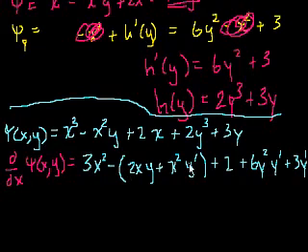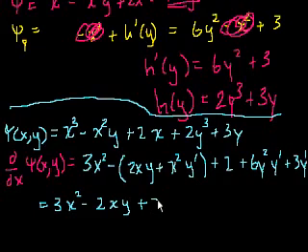And let's see if we can simplify this. So we get, this is equal to 3x squared minus 2xy plus 2. So that's this term, and this term. Plus, let's just put the y prime outside.